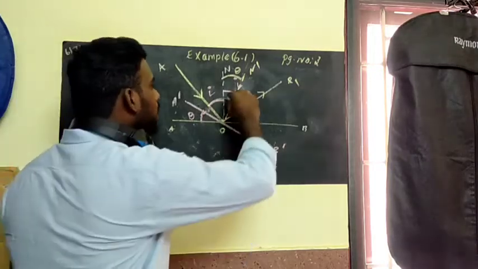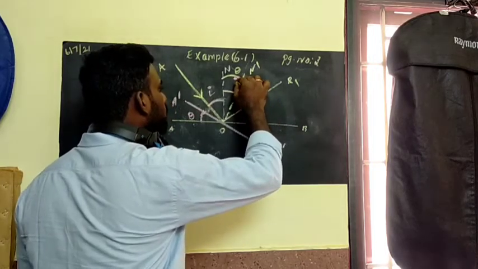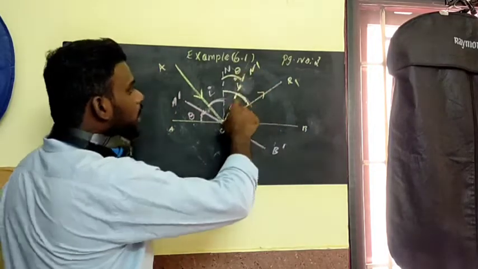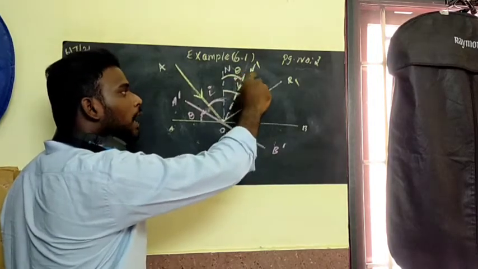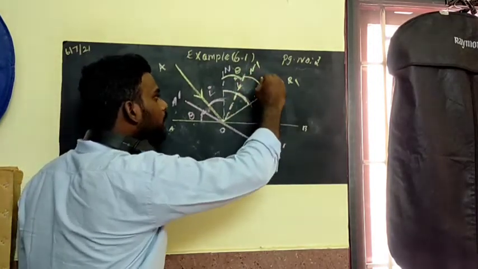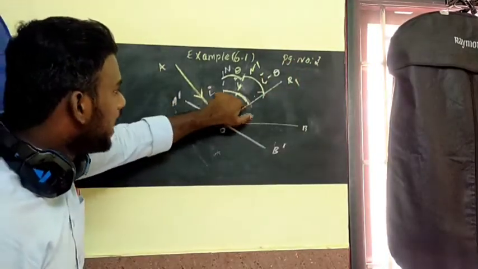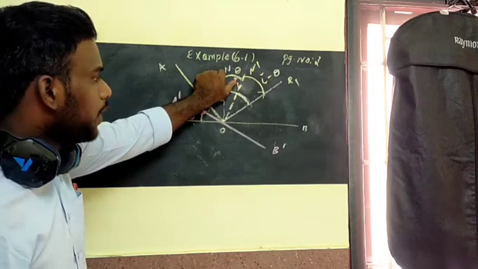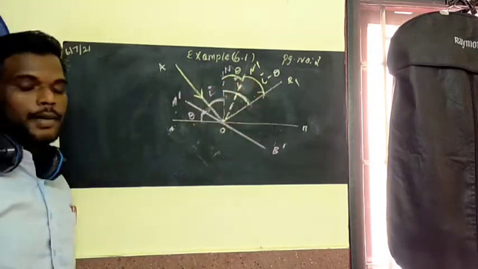And you know that this full angle is i. If this is fully i, then what about this one? It is theta. What about this one? This will be i minus theta. This full angle is i, this angle is theta, so if you subtract theta from i, you will get i minus theta.